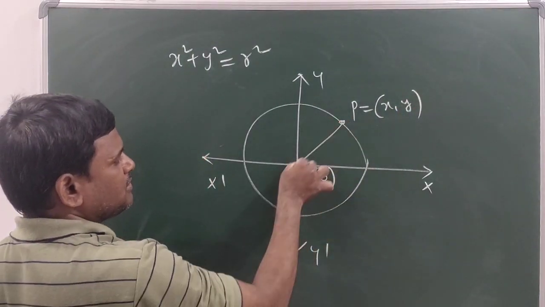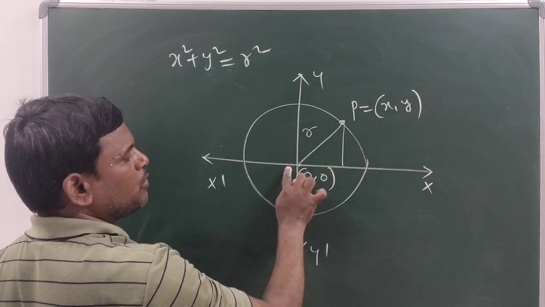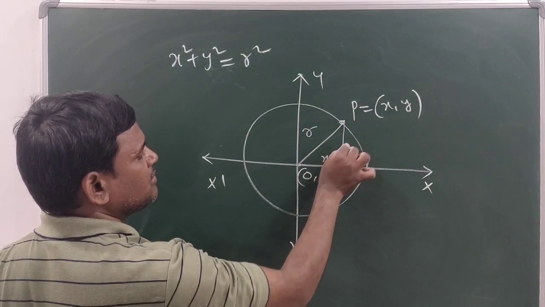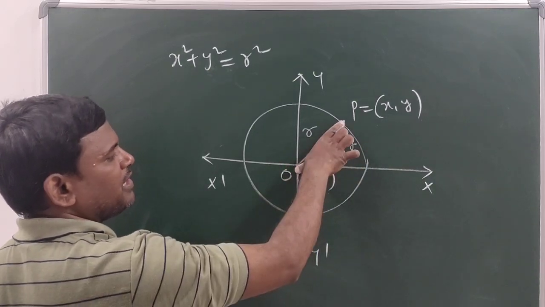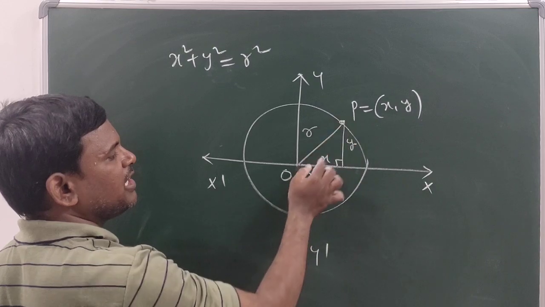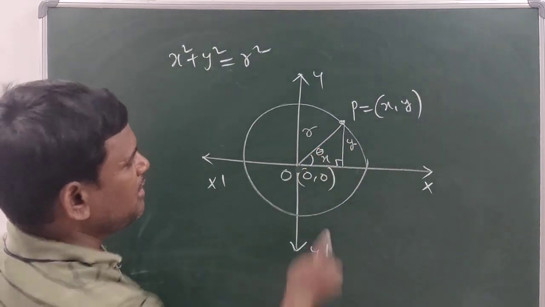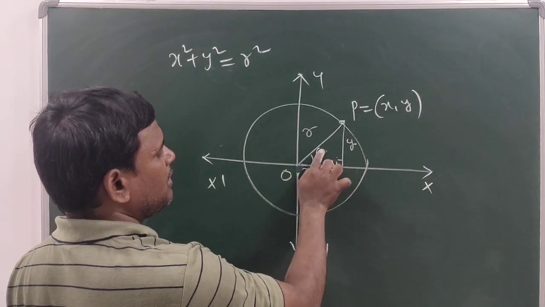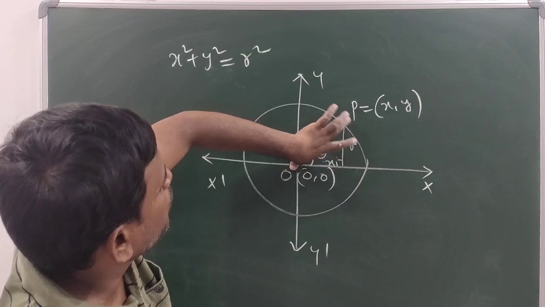So this is the radius. Now draw a perpendicular from this point to the x-axis. This length is x, this length is y. Now this is OP, the radius, which is making how much angle at the center? Theta. Take this angle as theta. See here, OP radius. Now rotate like this.